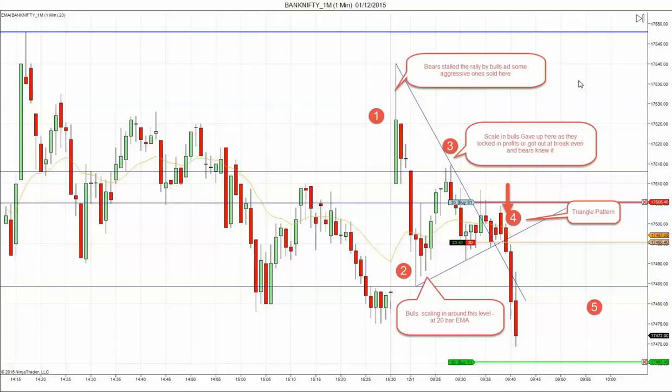They were not going to allow bulls to get past yesterday's high and continue with the bull trend. Instead, what we see here is that bullishness was stalled, or bears sold here in this region or area, right? And that's why you see a big tail here.